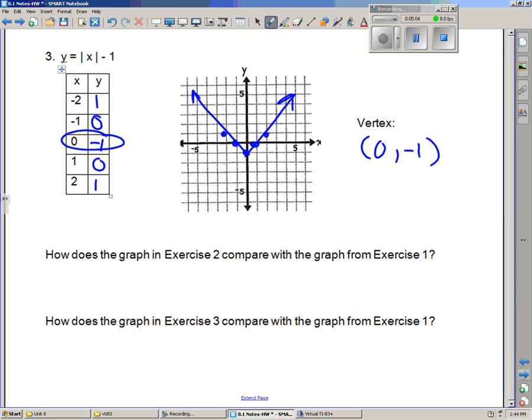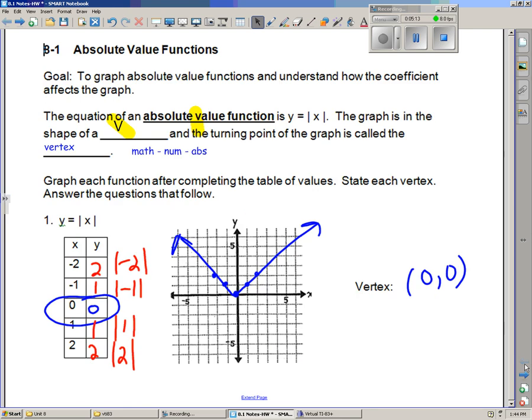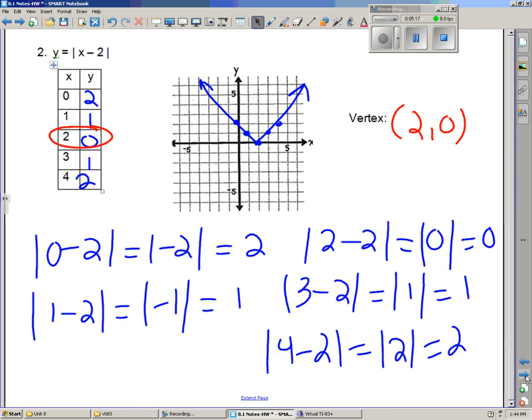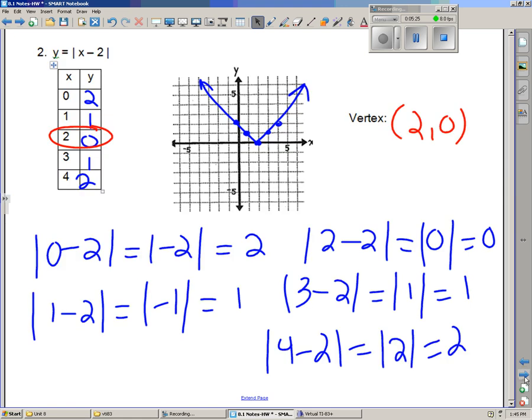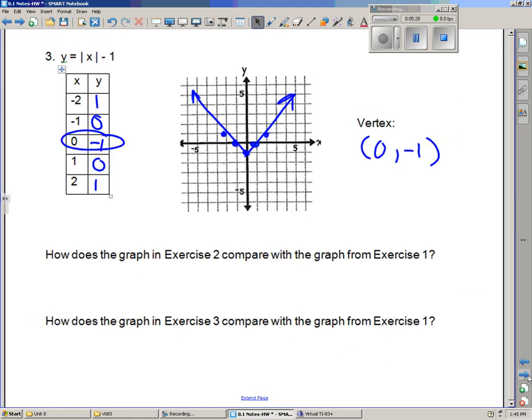So the question says, how does the graph in exercise 2 compare with the graph from exercise 1? Well, graph 1 is centered at the origin. Graph 2, we shifted 2 to the right. If we look at exercise 3 compared to exercise 1, graph 1 has its vertex centered at 0, and graph 3 has its vertex shifted down 1.